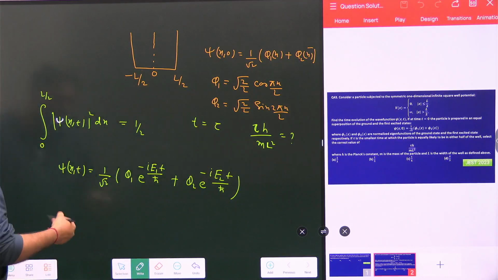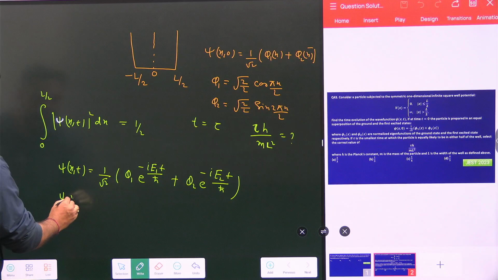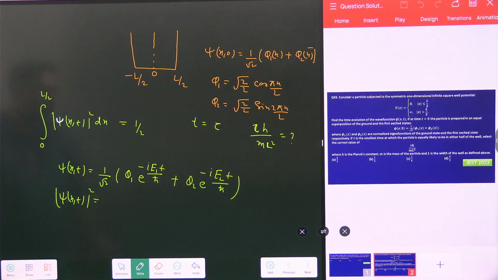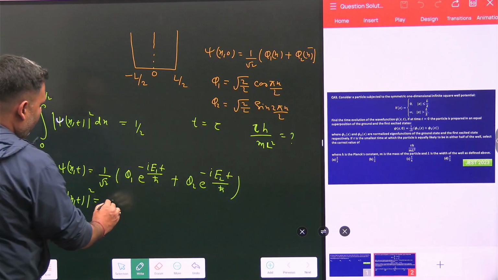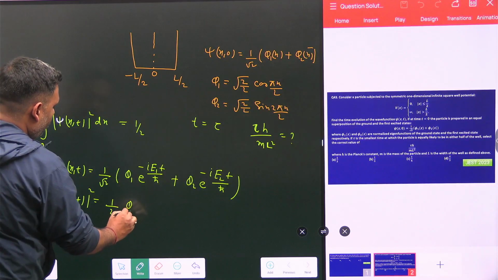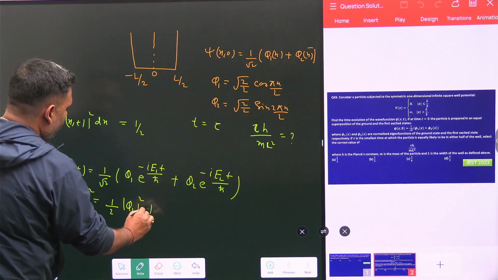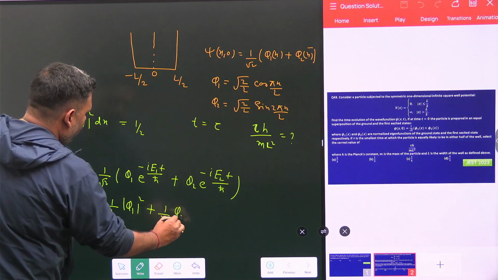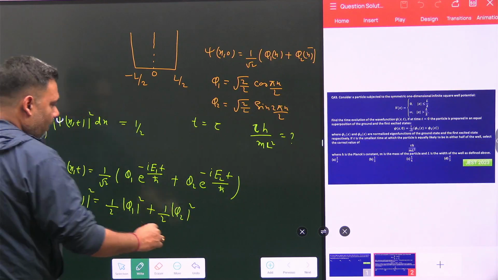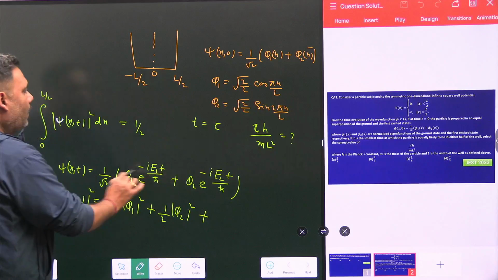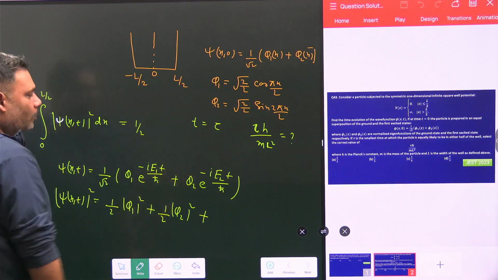Then when we go for mod psi x t whole square, we will get 1 by 2 mod phi 1 square plus 1 by 2 mod phi 2 square plus 2 times the real part of phi 1 and phi 2, since both are real.